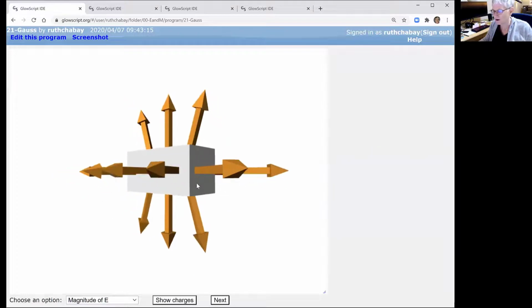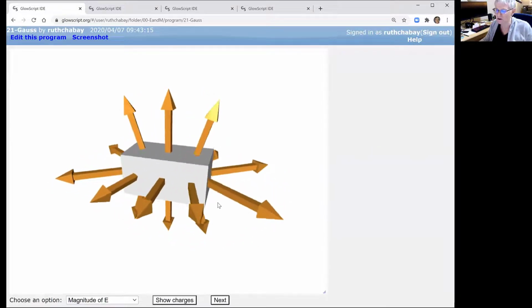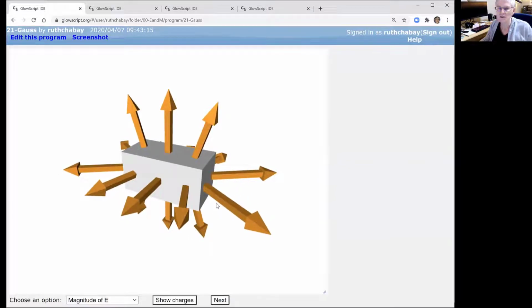We haven't changed the box, and the field is in exactly the same directions, but the field is bigger. So it looks like we also need the magnitude of the field here.